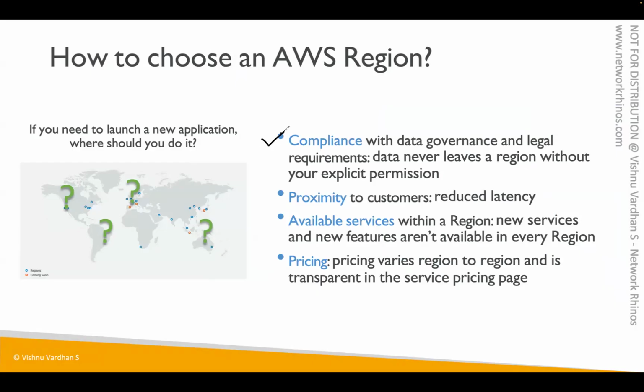Now that website you cannot host in a China data center or in Pakistan or Bangladesh or some other country's location, right? You need to store Indian customers' information only in Indian servers because Aadhaar card is a very big thing. So same way, that's compliance, rules and regulations. So we have to choose the region. First, check out the rules and regulations.